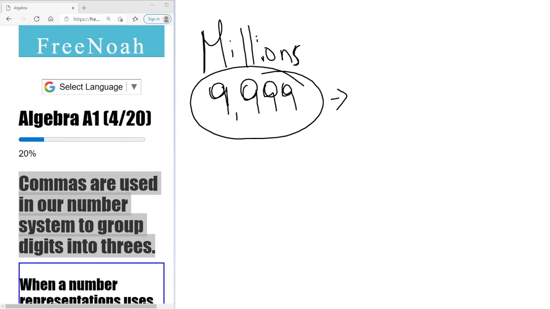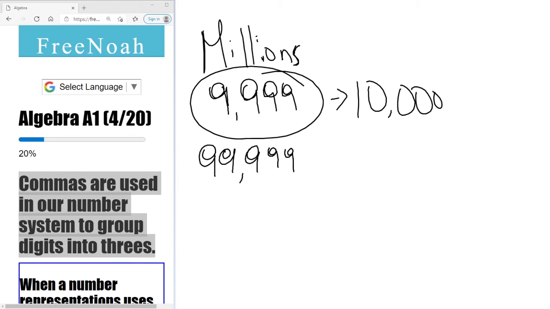Well, we get into our 10,000. Now what happens after 99,999? Well, we're going to go into our 100,000. Now we've got two groupings of threes.